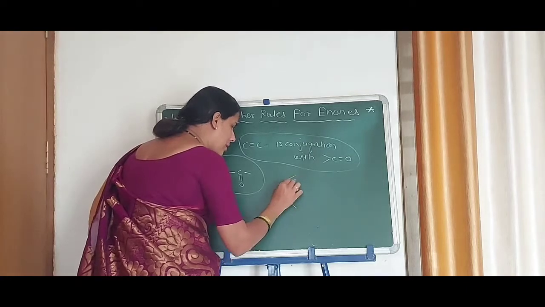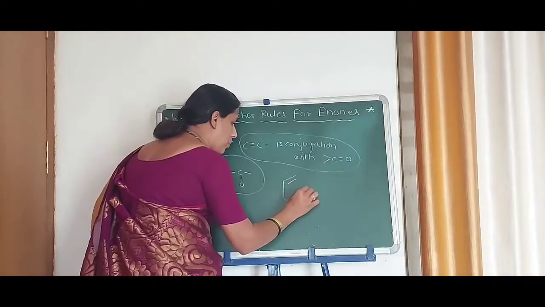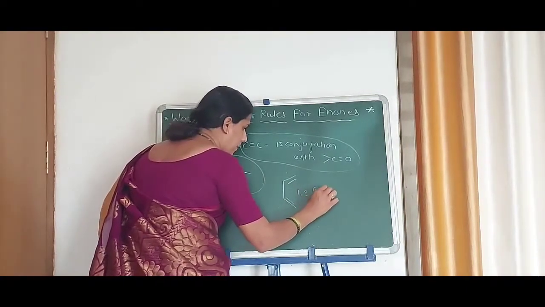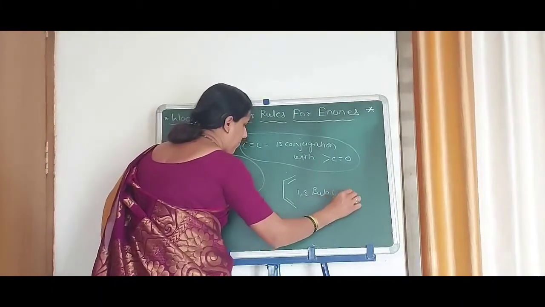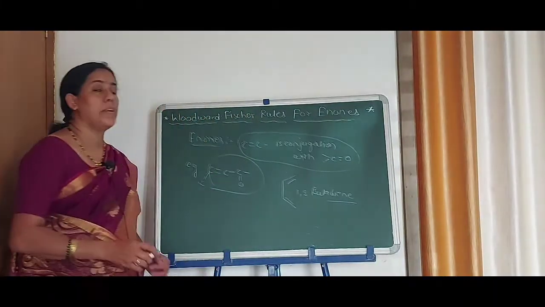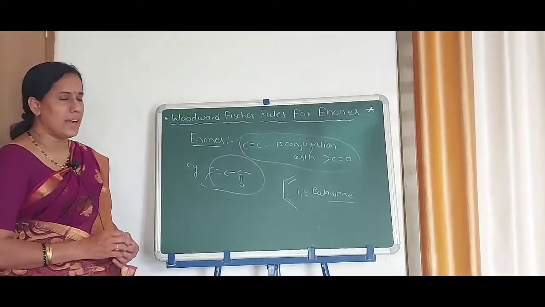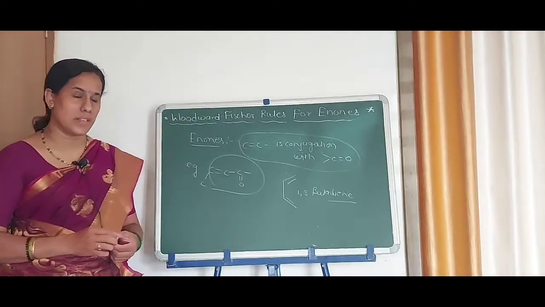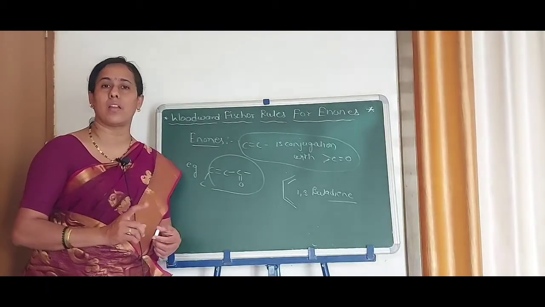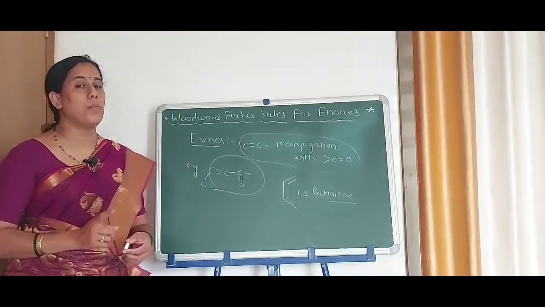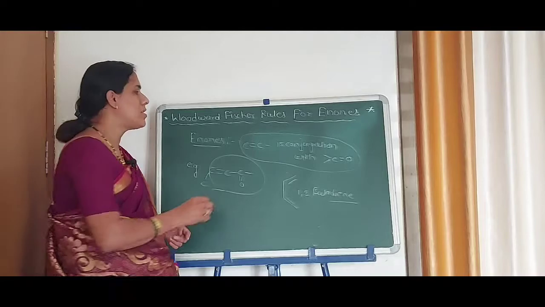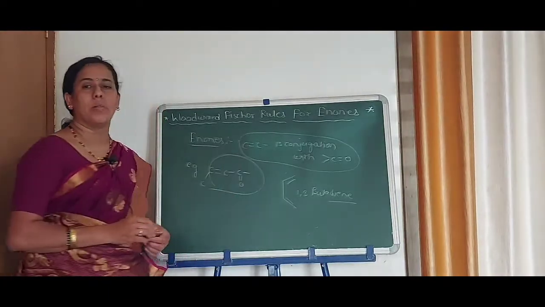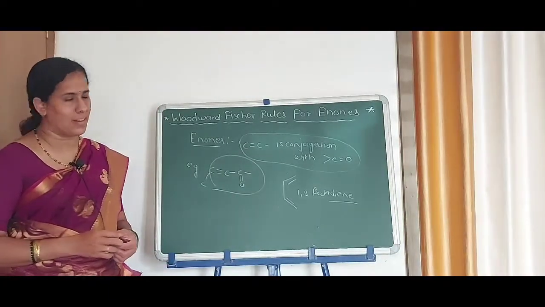For example, 1,3-butadiene. The difference between a diene and an enone is that a diene has two double bonds in the system, but in the enones there are also two double bonds, where one is a carbonyl bond which is in conjugation with a C=C, that is an olefinic linkage.